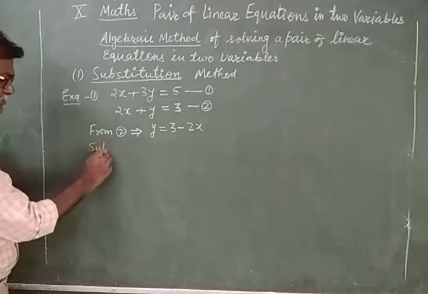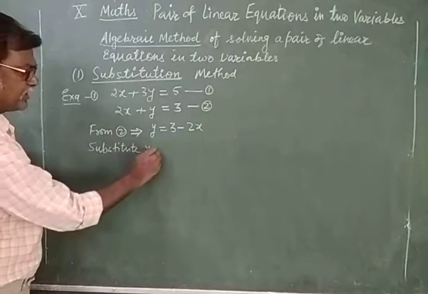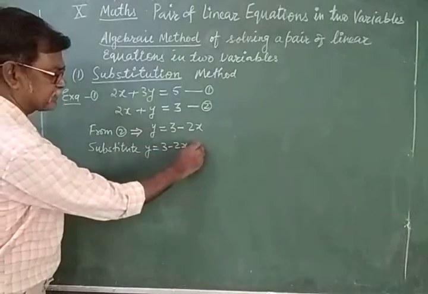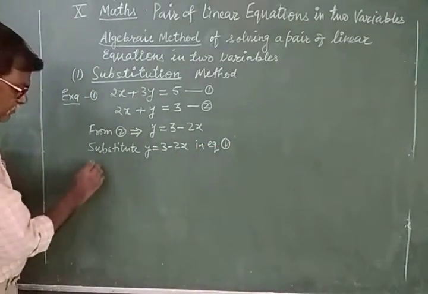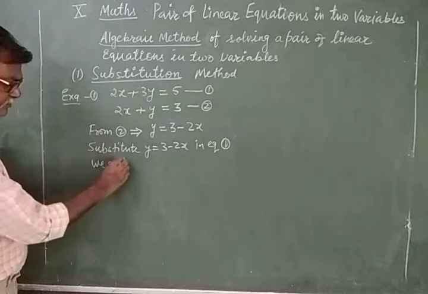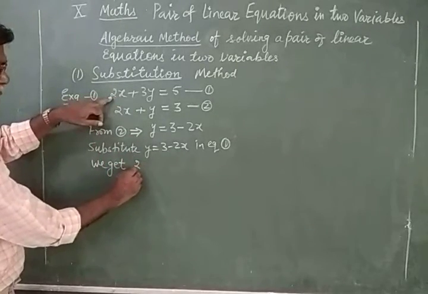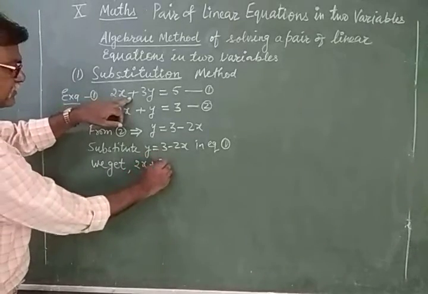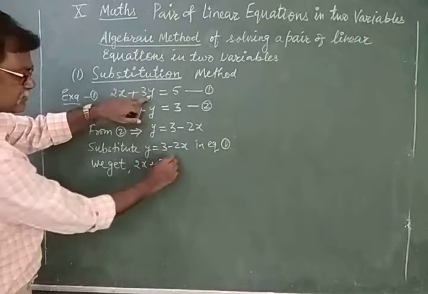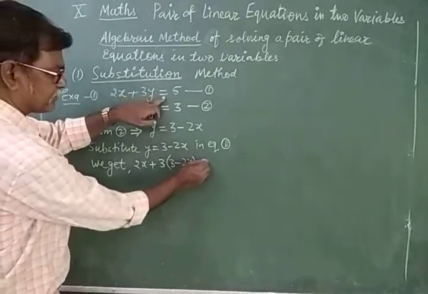Now substitute y is equal to 3 minus 2x in equation 1. We get 2x plus 3 times y, y is this 3 minus 2x, is equal to 5.